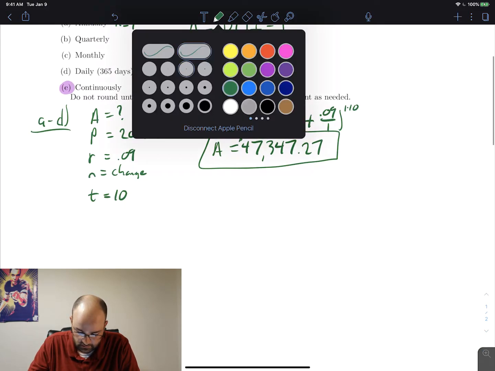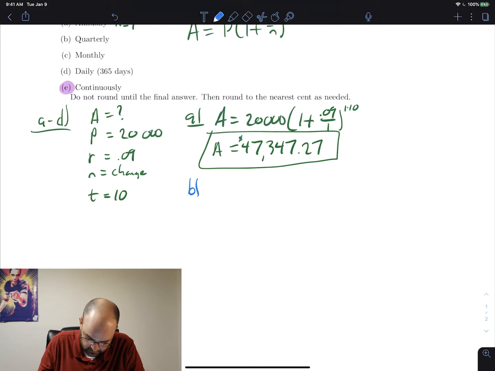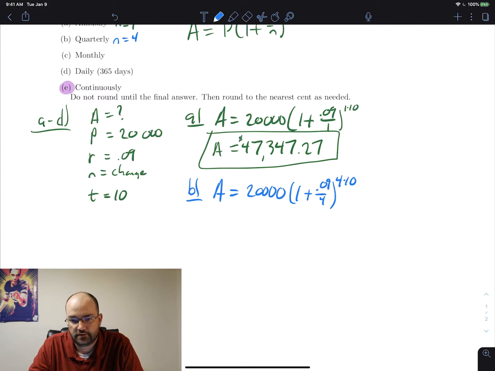Next, let's look at quarterly. For quarterly, N equals 4. So for this formula, it's 20,000 times 1 plus 0.09 over 4 to the 4 times 10. So type this in again, except this time divide by 4, and then do 4 times 10.